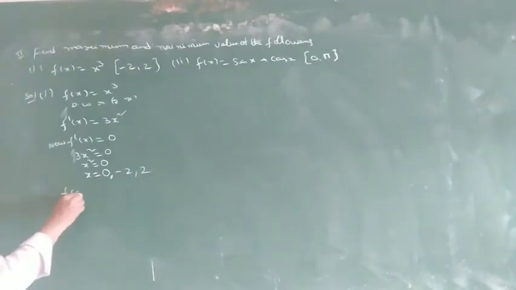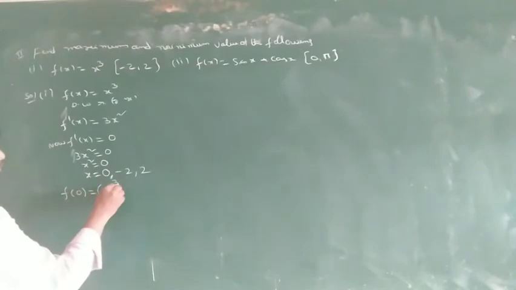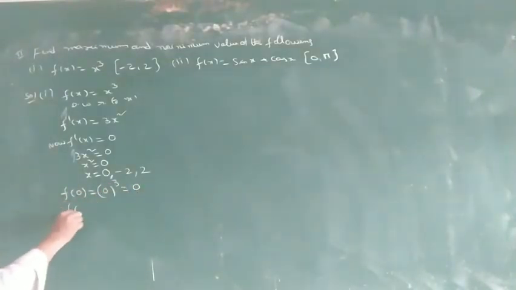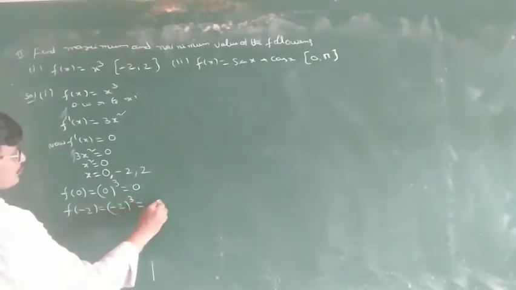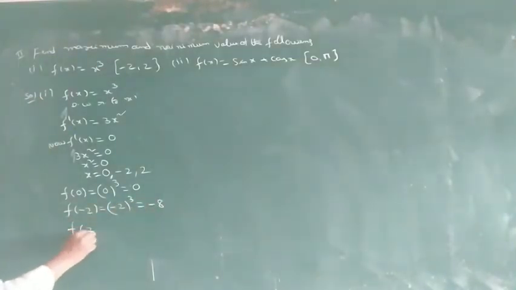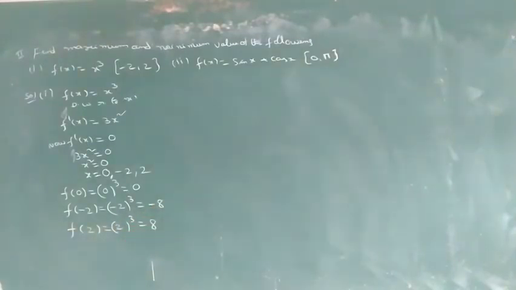First, f of 0 is equal to 0 cube, which is 0. f of minus 2 is equal to minus 2 whole cube, which is minus 8. f of 2 is equal to 2 cube, which is 8.